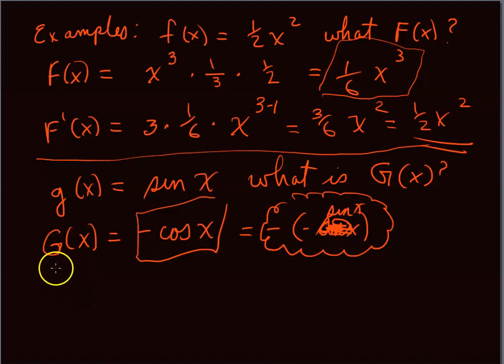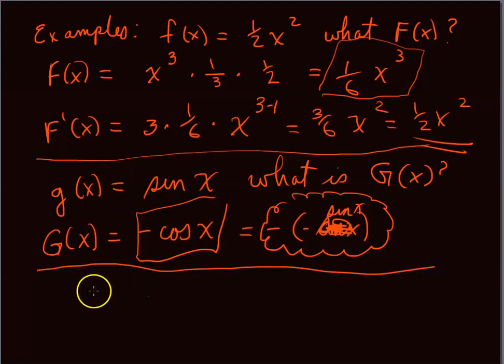Now, what we want to also mention here is that up above, that capital F of x equals 1/6 x cubed is not the only function that would work. Let's use a subscript here, so that's one of the functions that would work.